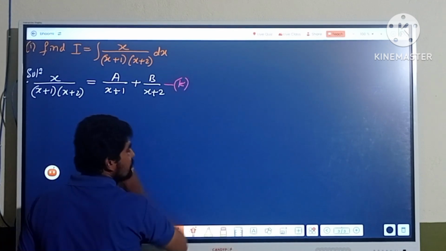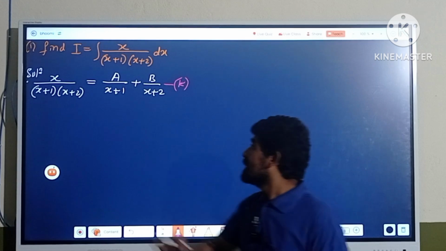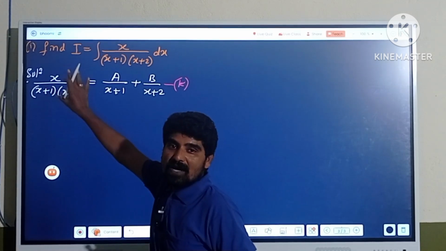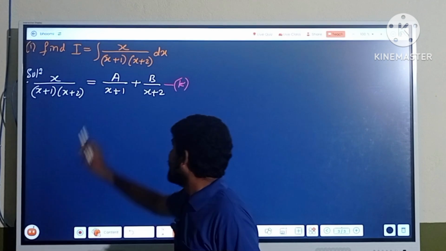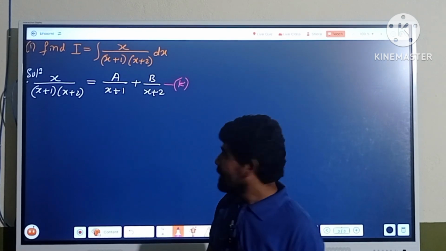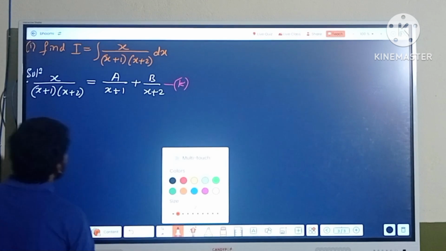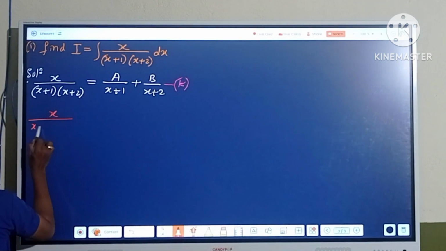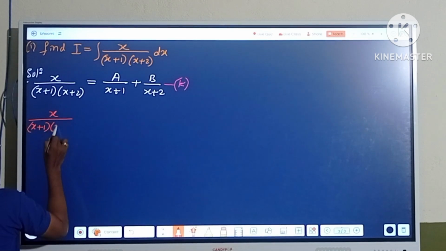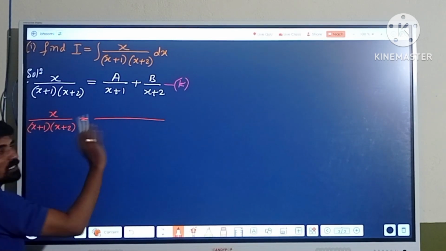So after expressing the given rational function in the standard partial fraction format, we need to identify the values of A and B. So to identify the values of A and B, LHS same as it is, x divided by (x plus 1) into (x plus 2) equal to, on RHS I am going to take the LCM here.